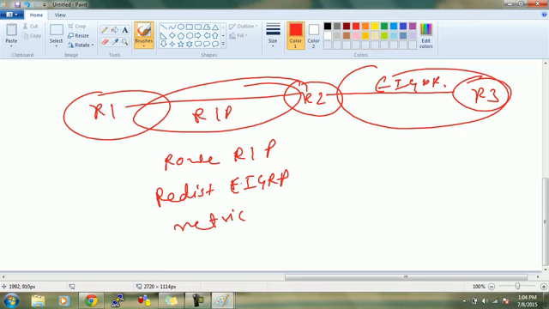So R2 can carry forward that metric to R1. This thing is clear, because these two routing protocols have different metrics. Whenever you inject one routing protocol's routes into another routing protocol, you have to define the metric.